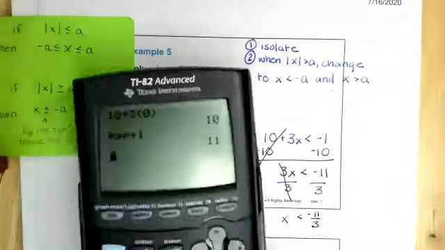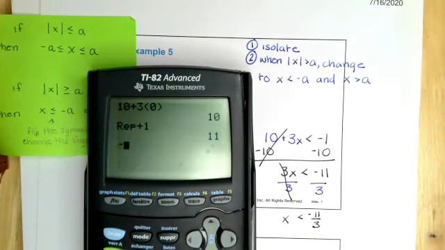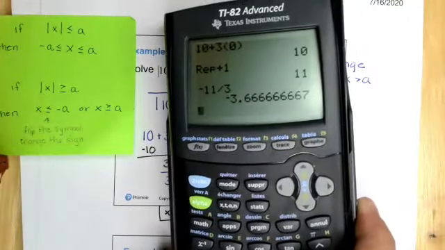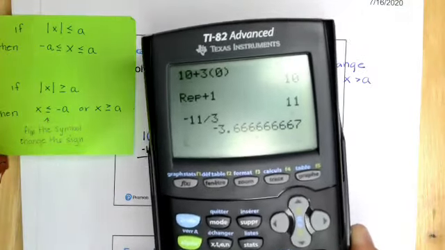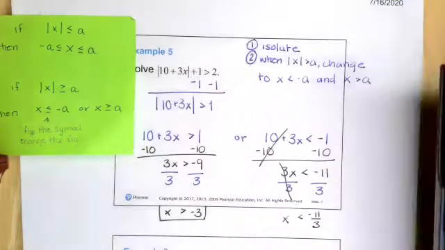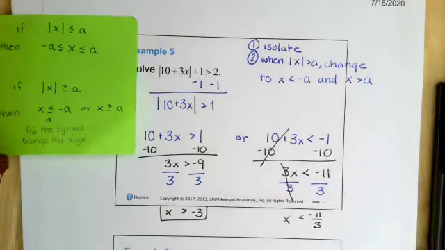And if you put 11 thirds into your calculator, you get something between -3.5 and -4, because -12 thirds would be -4. So does this work?